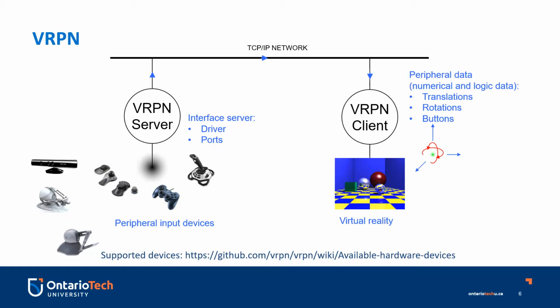VRPN supports a large number of devices. For instance, the Kinect, the Phantom Omni, the Novint Falcon, joysticks, gamepads, keyboard, and several tracker devices. The peripheral data includes the numerical and logic data for translation, rotation, and button pressing.